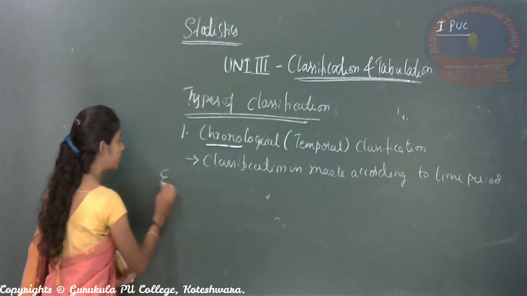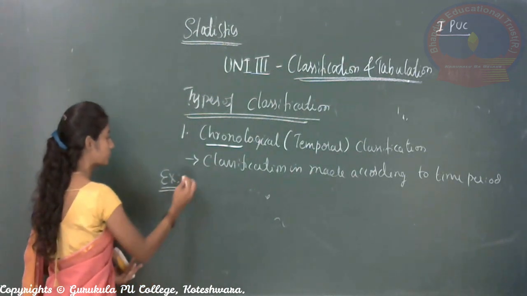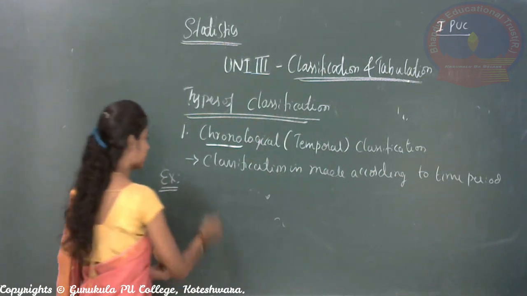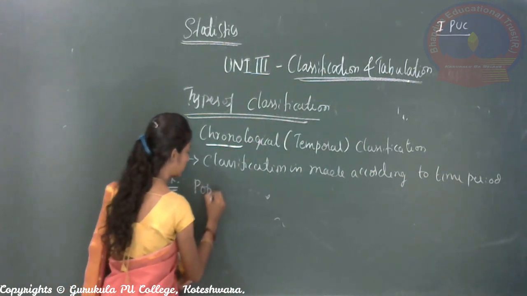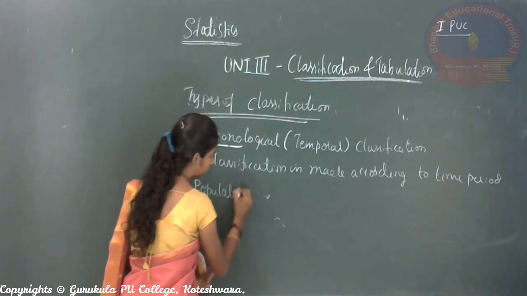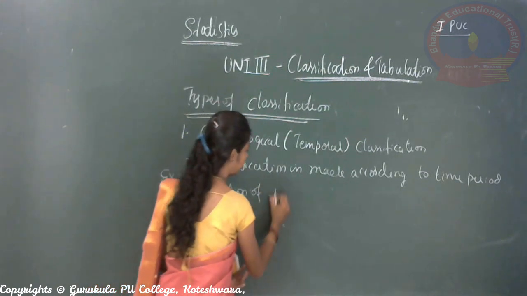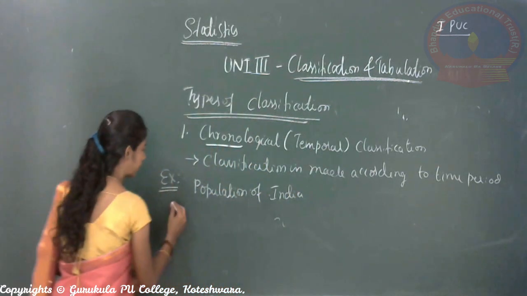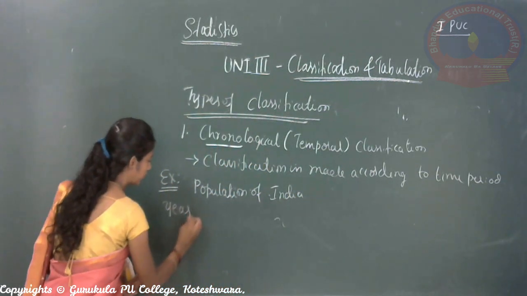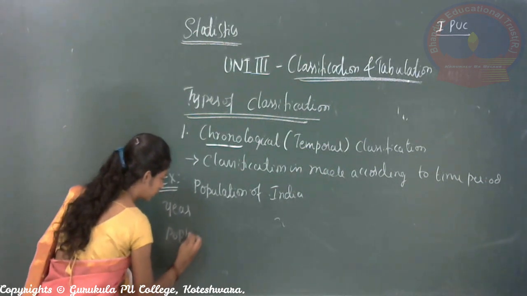An example I can give is that the population may be considered year wise. Population of India year wise, that is year and population.